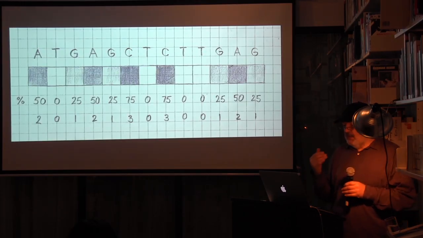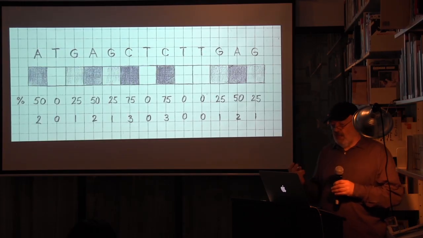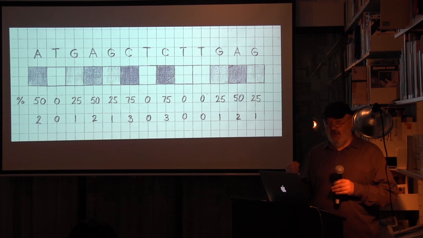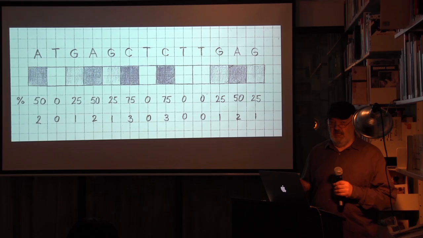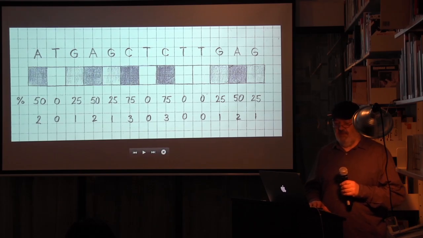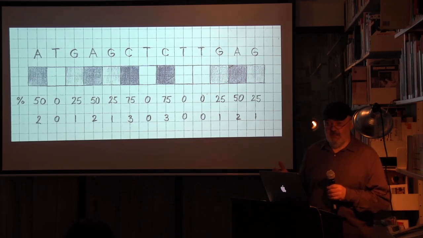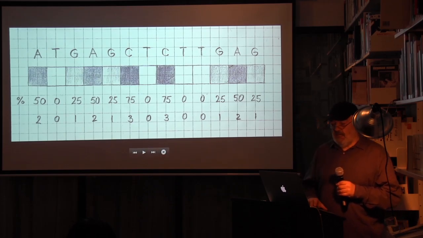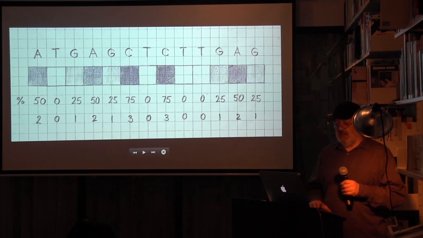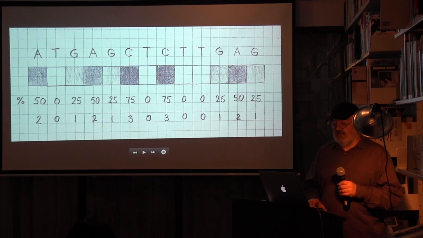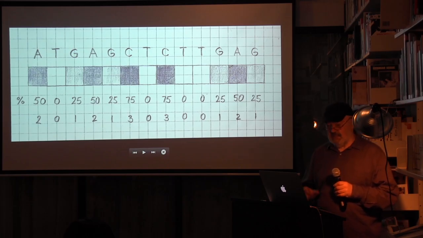So, at this point, we have 4 kinds of representations of DNA. One, which we are all familiar with, is the letters representation, which doesn't tell you anything. And then we have this grayscale representation, where you can see the relationships in values between the bases.